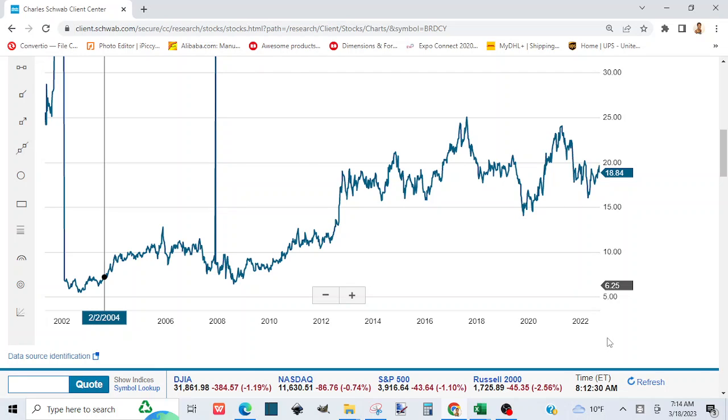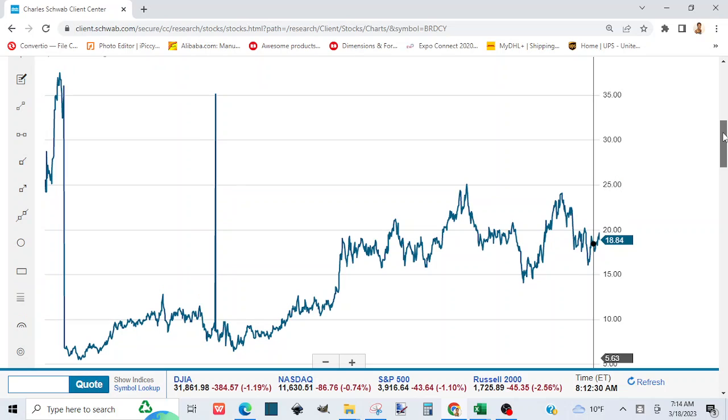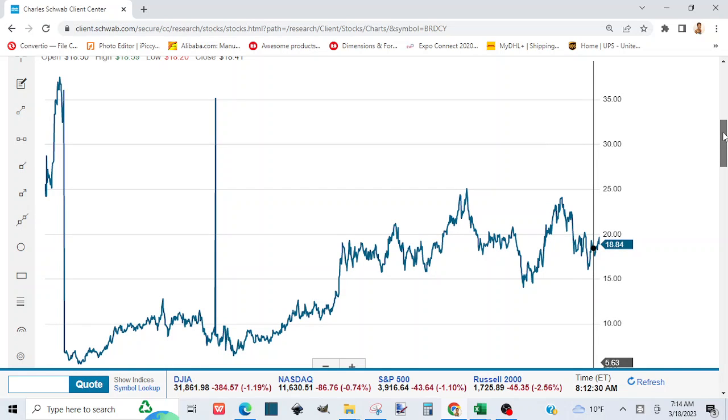That's acceptable for you, and for me it may not be. So you have to set the time frame that you want to work with. That's another filter, and you apply those filters at different stages of your stock research.